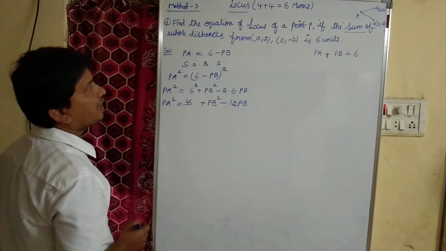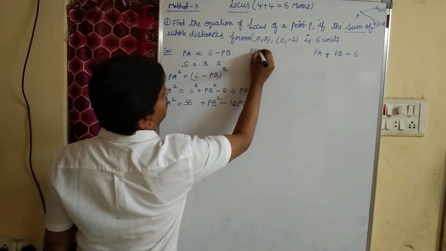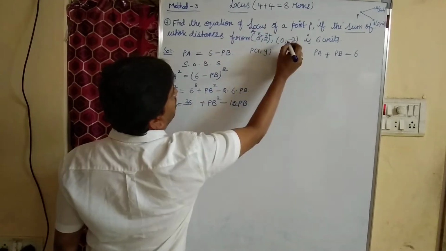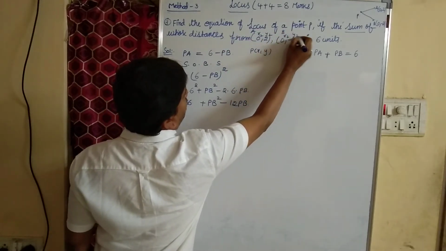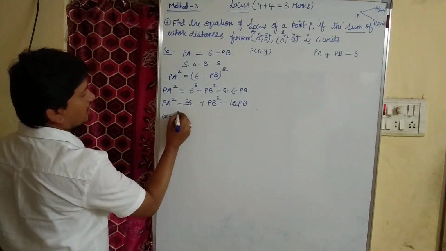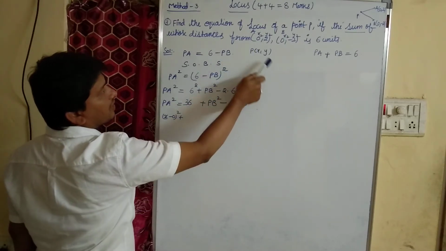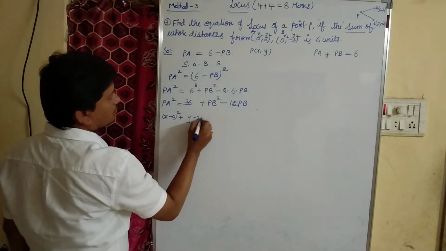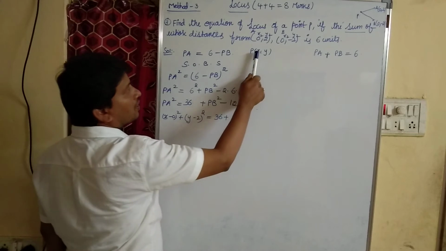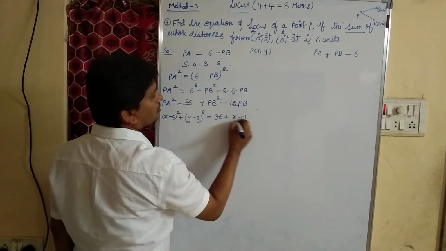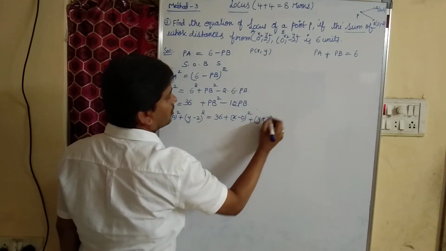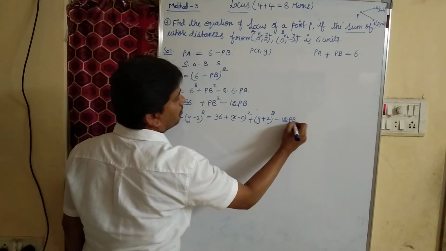So the distance between P and A. P is our x comma y and this is our x2 y2, this is A and this is our B. So PA square is x minus 0 whole square and y minus 2 whole square, equal to 36 plus PB whole square, x minus 0 whole square plus y plus 2 whole square minus 12 PB.